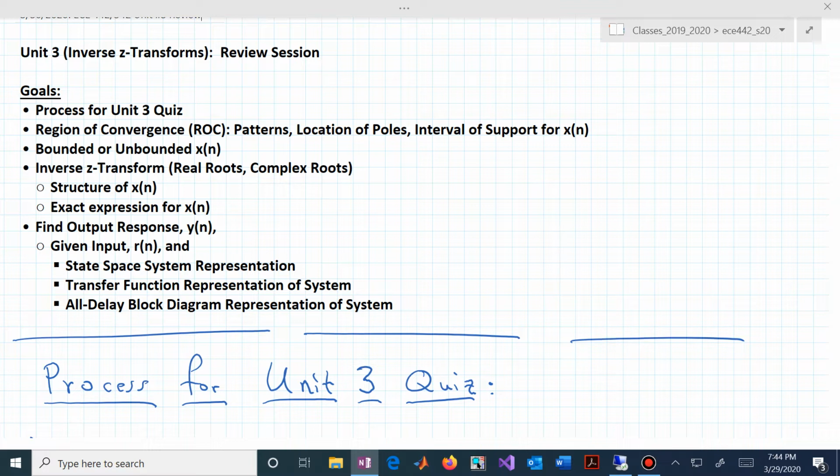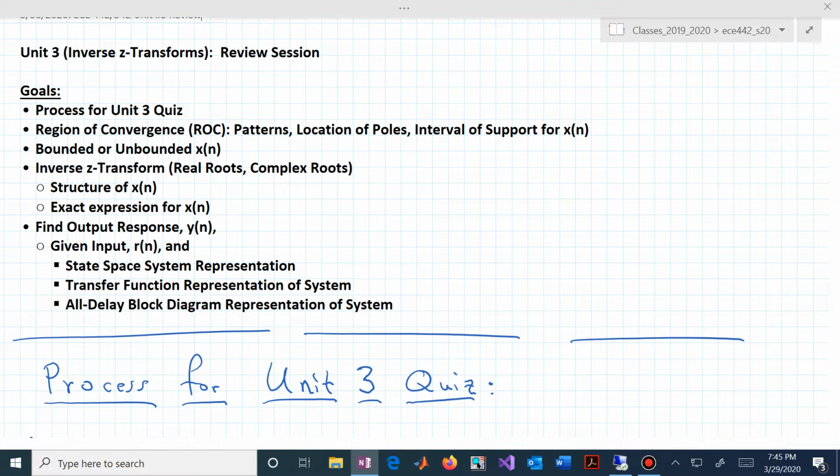And the last piece that we will talk about is really putting some of this together in terms of an input with a system. So can you find the output response, which I'm labeling y of n, given an input r of n. R of n now is some input structure.